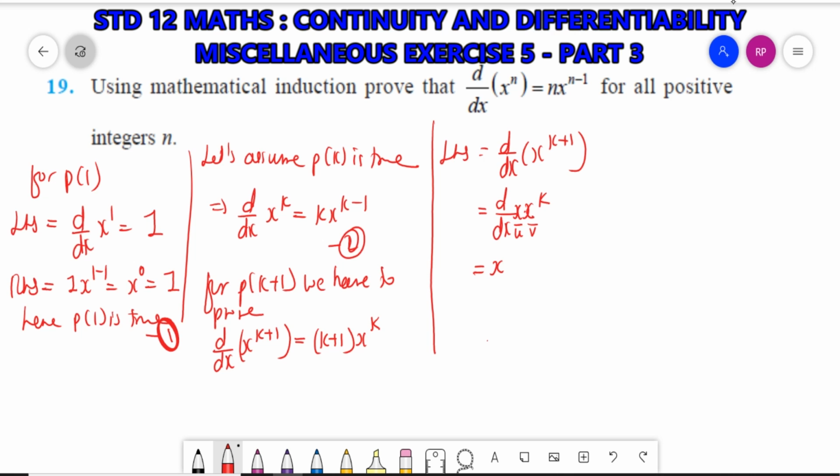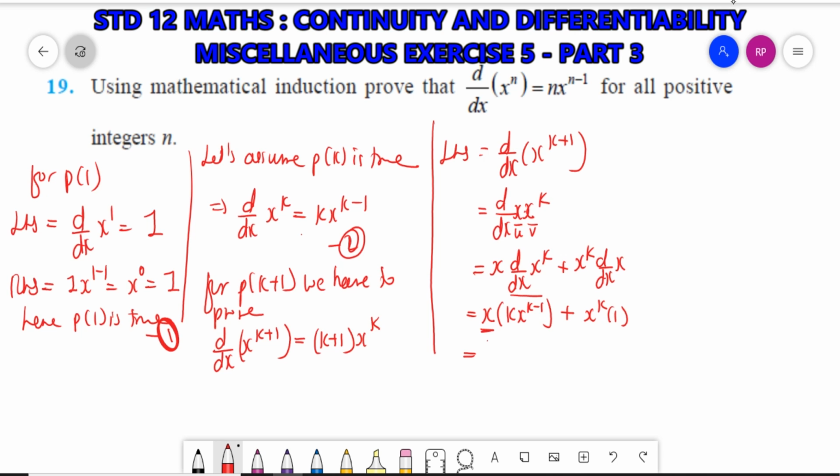X as it is, d by dx of x raised to k, plus x raised to k as it is, d by dx of x. So this will be equal to x. Now d by dx of x raised to k, we have taken the second equation, that will be equal to kx raised to k minus 1 plus x raised to k d by dx of x, 1.